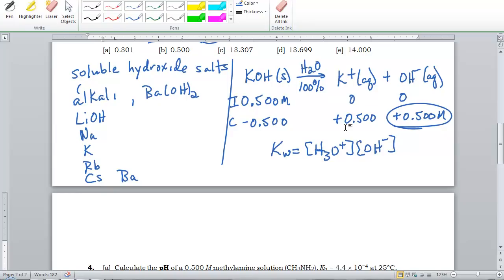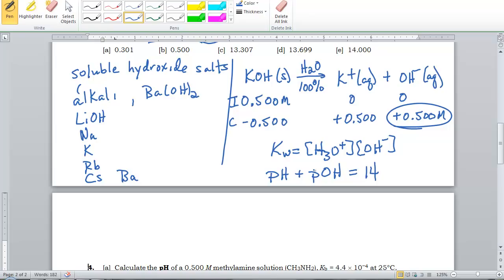From this equation, we can actually develop this relationship. Essentially, we take the negative log of this whole equation, and we end up with this. The 14 comes from 10 to the negative 14th, taking the negative log of that. Negative log of hydronium is pH.